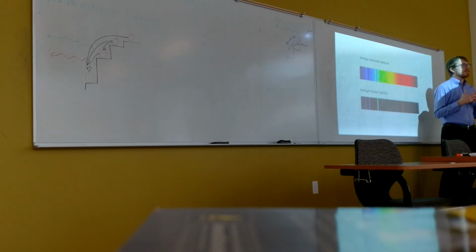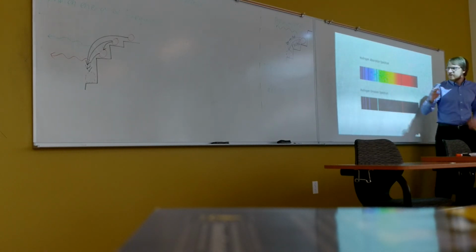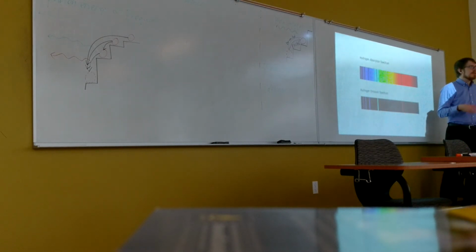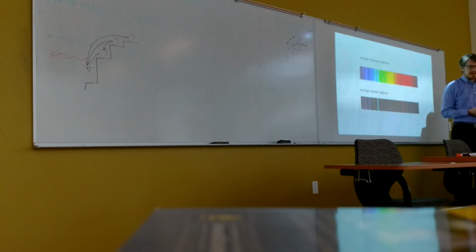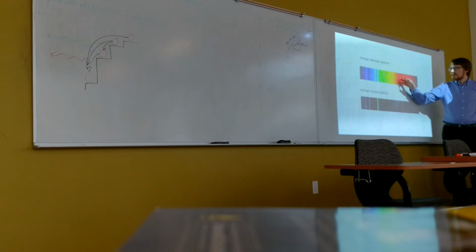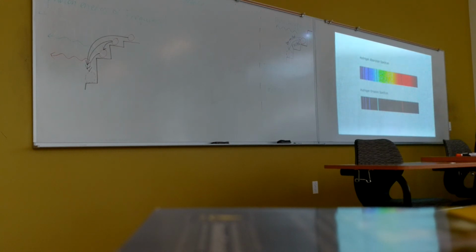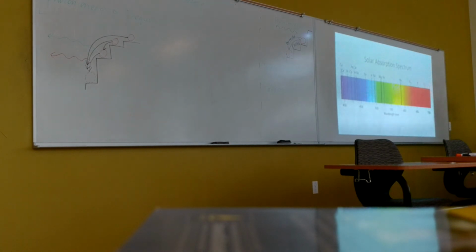So this is called an absorption spectrum. And the absorption spectrum is exactly the same as the emission spectrum, except essentially reversed. And we can make really good use of this absorption spectrum, because it also acts like a fingerprint for different types of materials. Use that on something like the sun, to figure out which elements make up the sun.